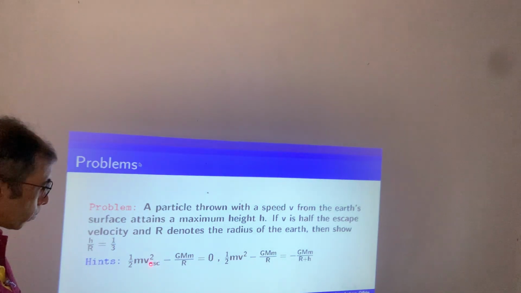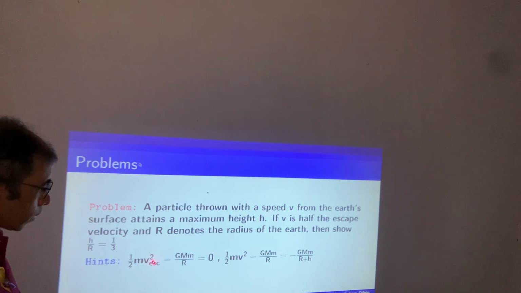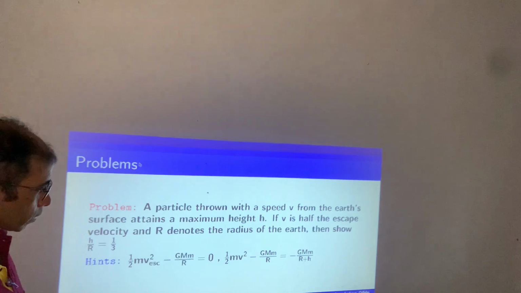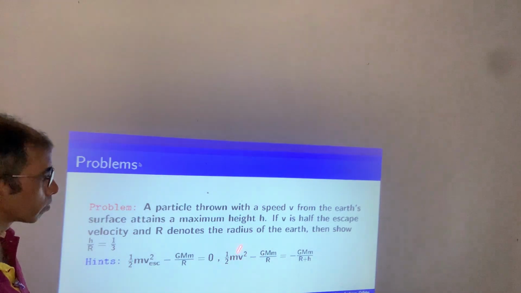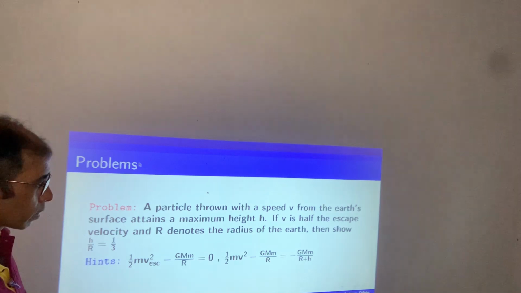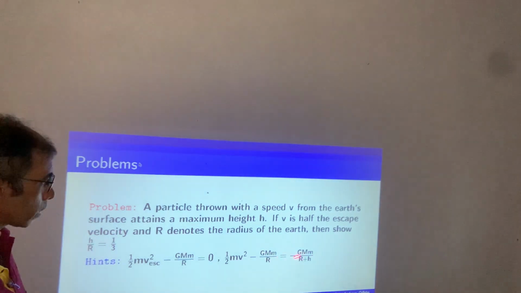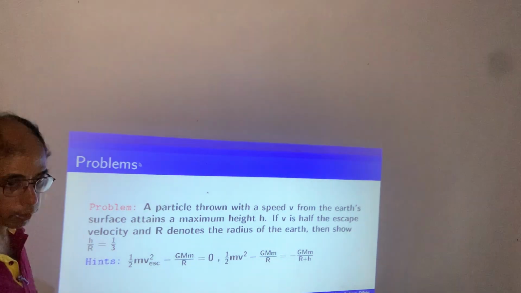That's it. So plug in the value of half of escape velocity from this expression, find out escape velocity from this expression, plug in the value here, and then find out h by r and see what you get.